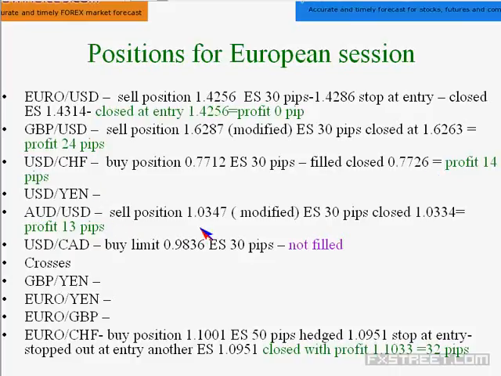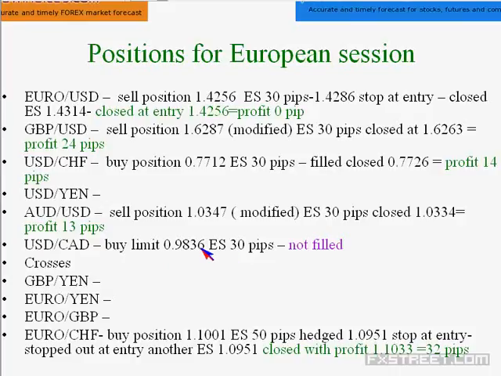In Australian dollar, again I kept a sell order at 1.0355 that was not filled, and they came up to 1.0347, and I took a sell position and a 30 pips hedging order, and subsequently they made a nominal drop to 1.0334, and I booked 13 pips profit.